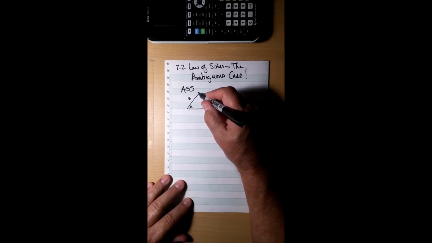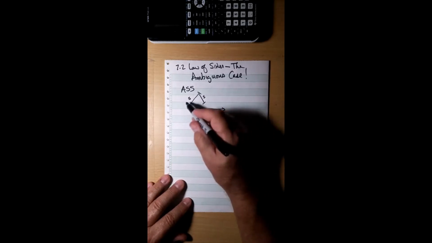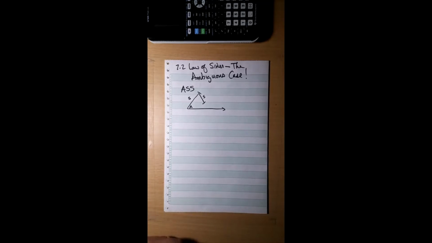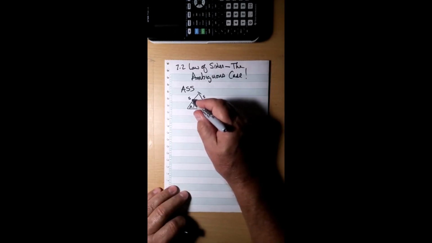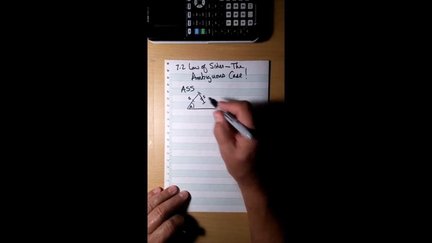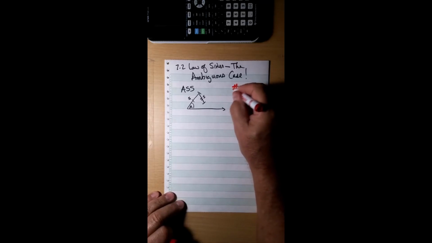Perhaps you get a side that is too short, and now when it swings, it never hits this opposite side. The angle has locked it in, and that side is locked in, and this side cannot reach that third side to create a triangle. So there may be zero triangles.